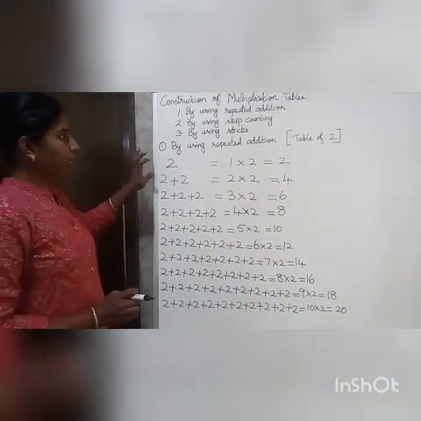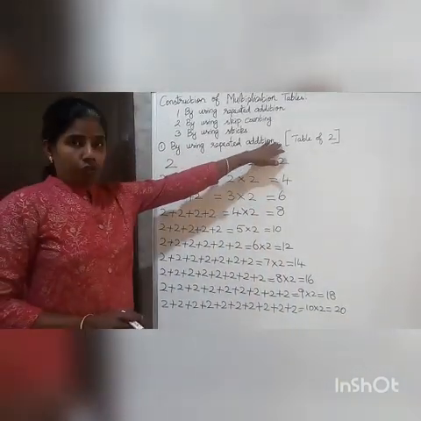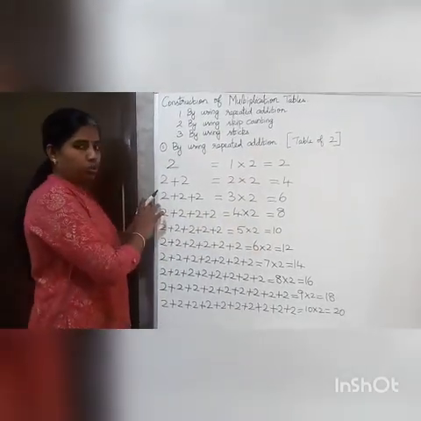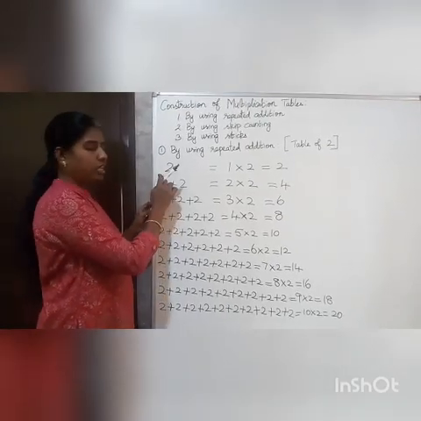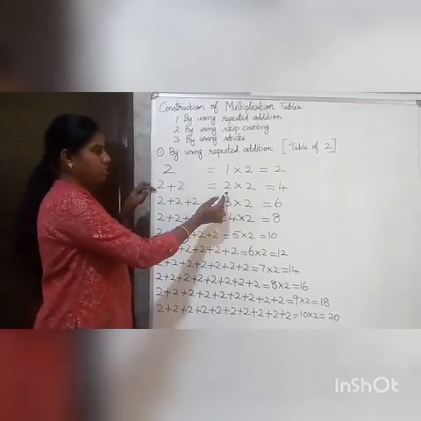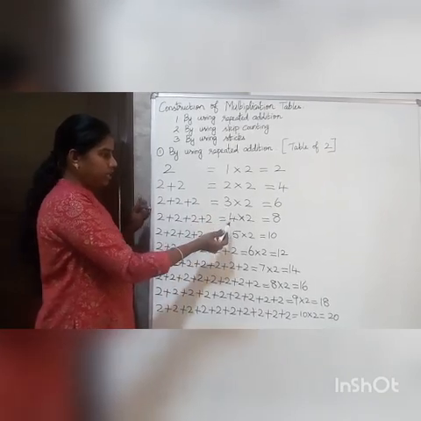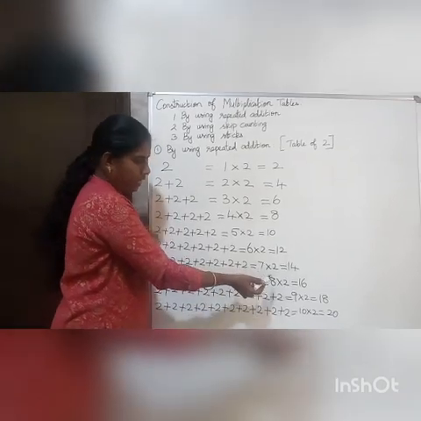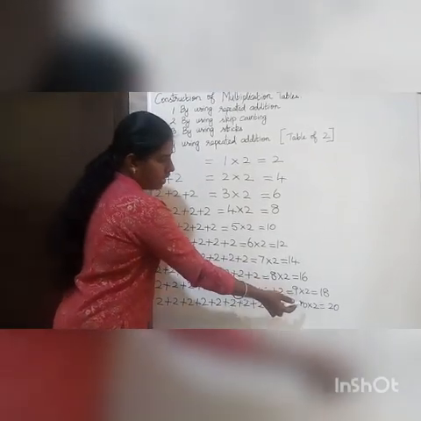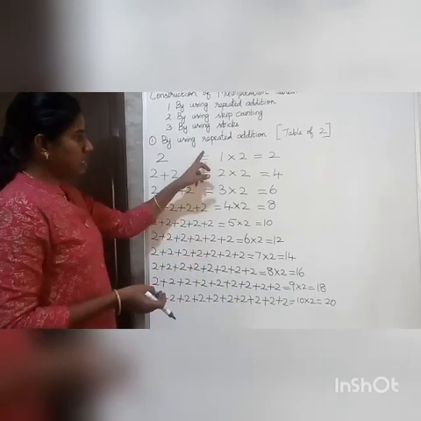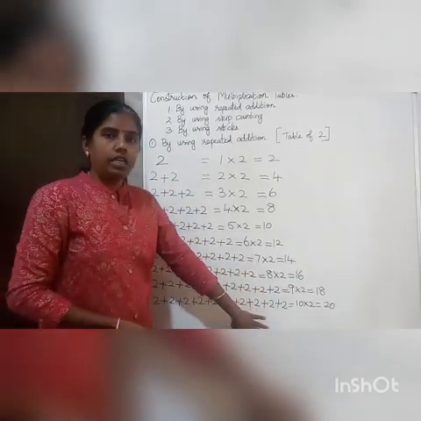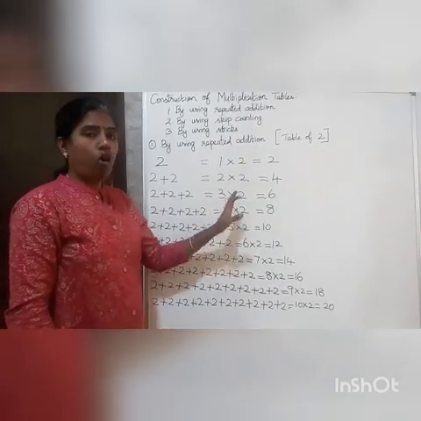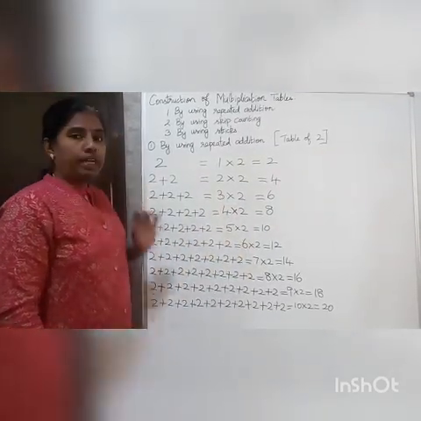Now we did the table of 2 by using repeated addition, where we added 2 the number of times. The first one is 1 time, and the next one is 2 times. Next is 3 times, 4 times, 5 times, 6 times, 7 times, 8 times, 9 times and 10 times. So this is called the multiplication table of 2. We have written the multiplication table of 2 by using repeated addition.